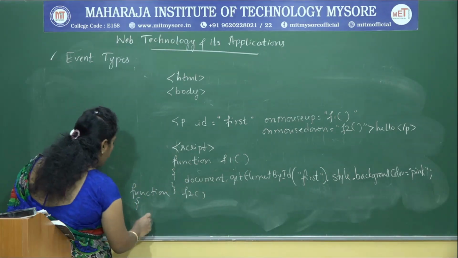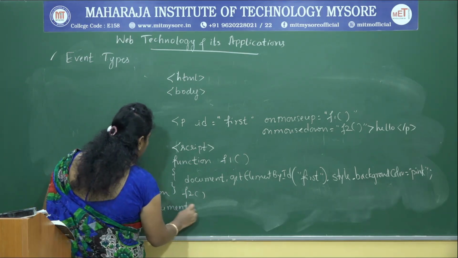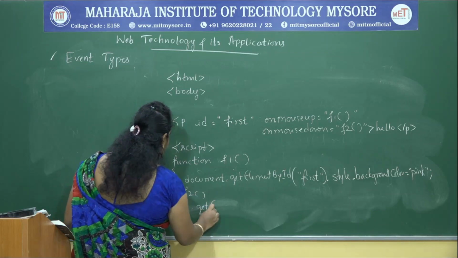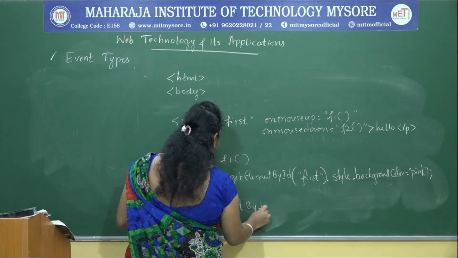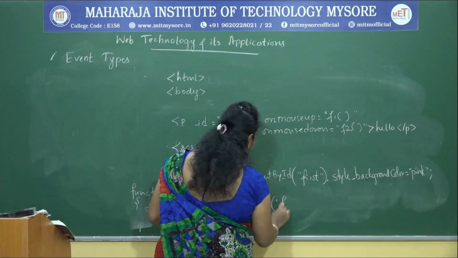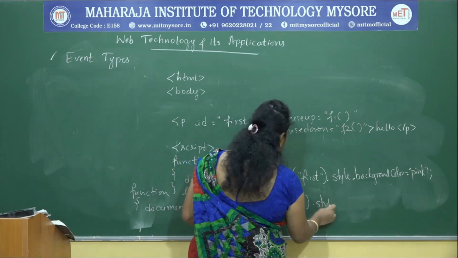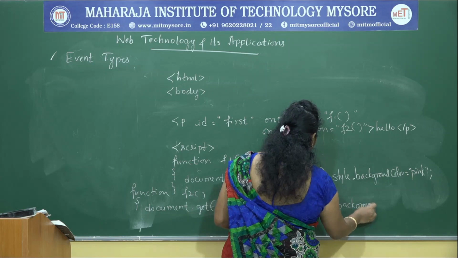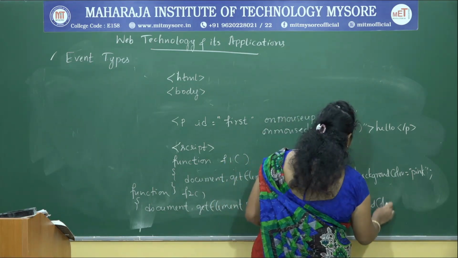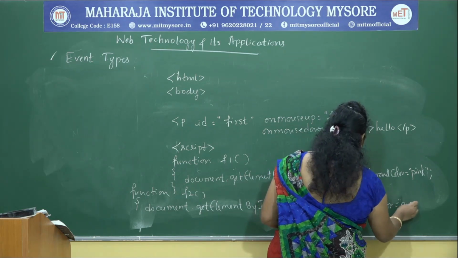Okay, function 2. Same thing again: document dot getElementById first, then style, background color equals, I am setting it to green.